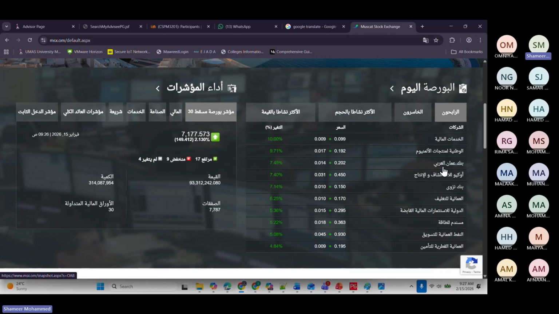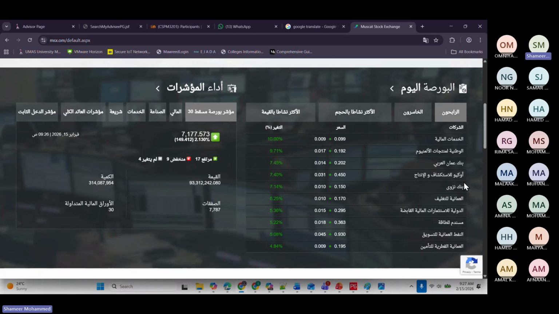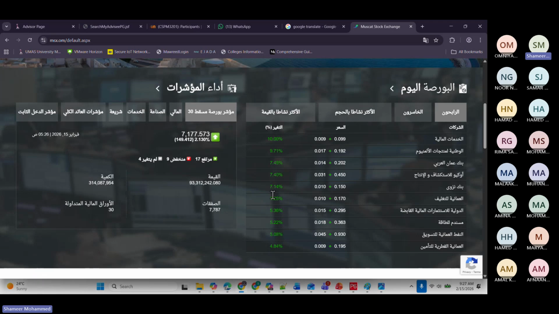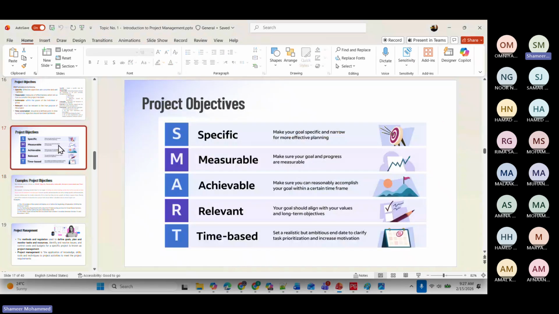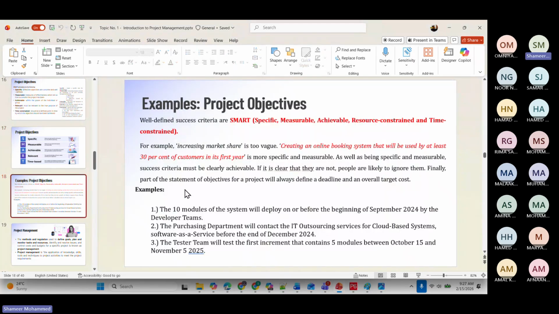See, Bank Oman Al Arabiya. Then Bank Nizwa. So these are all the companies, and this is the share. How to increase this? How to make more money? They are following SMART. How? They have the plan. This is the plan, for example. So in this way, they will make their project successful.